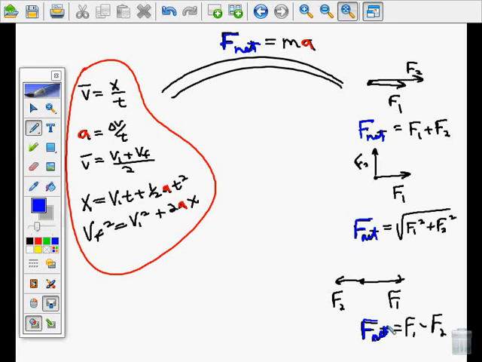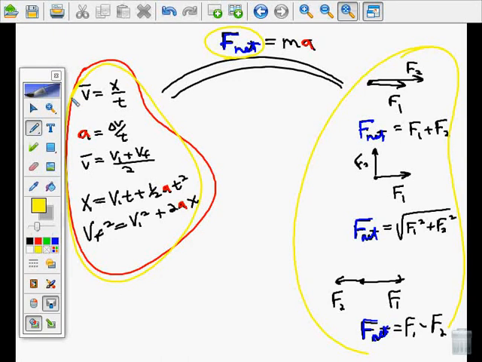So sometimes you have to start off by doing a vector problem and getting the net force, putting the net force on the bridge here to get the acceleration, and then bring the acceleration over here to solve a motion problem. Other times you have to solve a motion problem to get the acceleration. You put the acceleration in here to get the net force, and then you use the net force to figure out one of the individual forces.